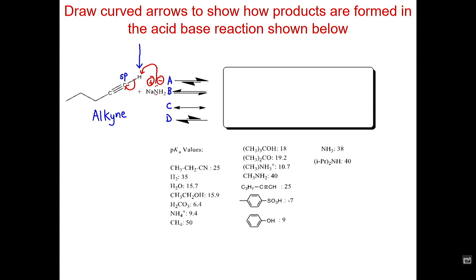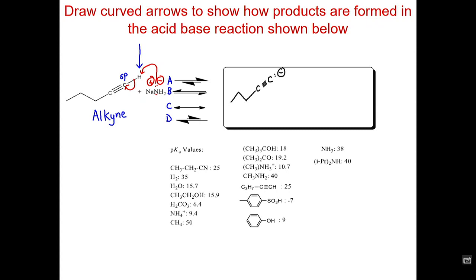Make sure you count your carbons. You started with 5 carbons, so you would have a 5 carbon alkyne, but now it's the conjugate base of the alkyne and is often called the salt of an alkyne.